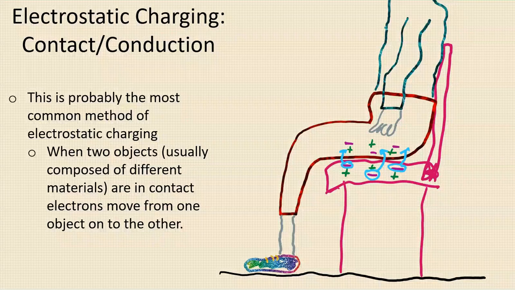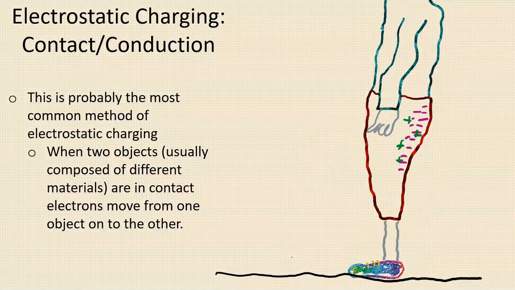And so simply by being in contact with that chair, I've only drawn it here, but it happens on the contact along your back as well, you're going to get that excess charge on you. Then when you stand up out of the chair, you now have an excess of electrons on your clothing that you didn't have before, and this leaves you with a negative charge. You now have an electrostatic charge that is negative due to the excess electrons.